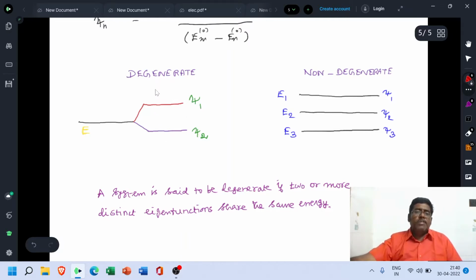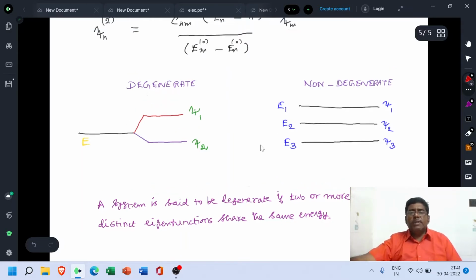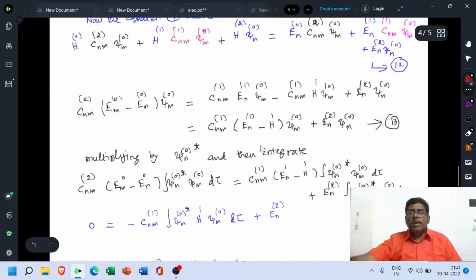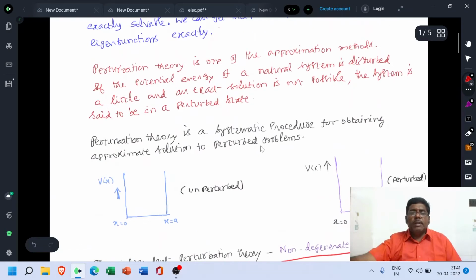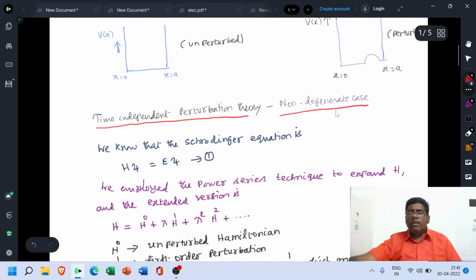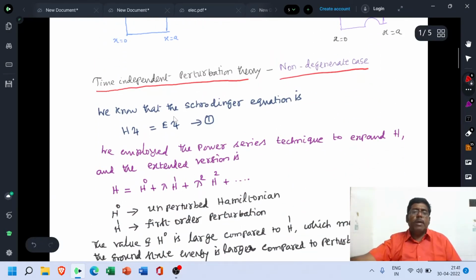If perturbation is applied, the degenerate state is changed into a non-degenerate state. At this level, we should know about the term degeneracy. But in our discussion, we have to talk about time independent perturbation theory for the non-degenerate case.